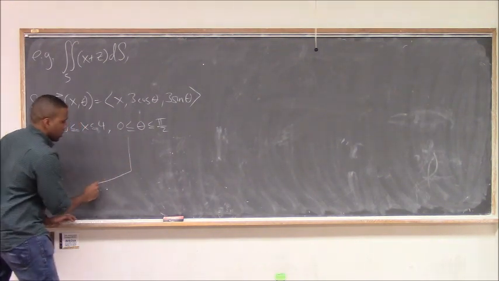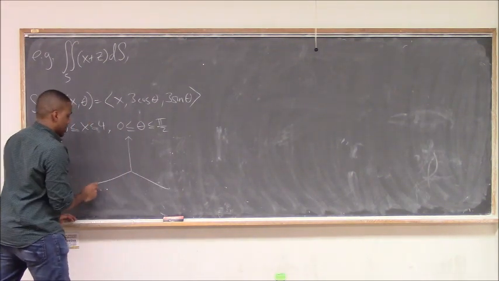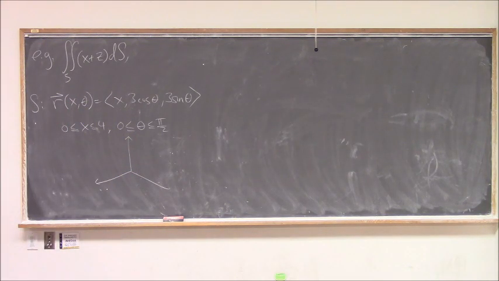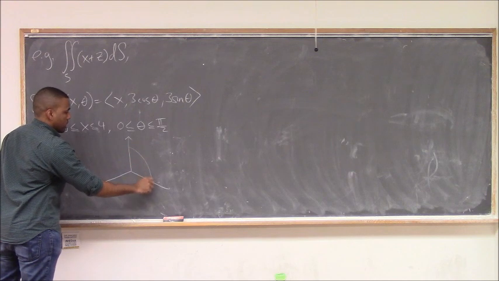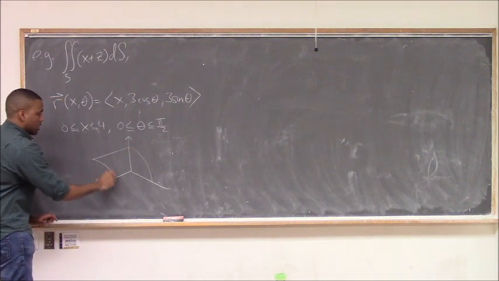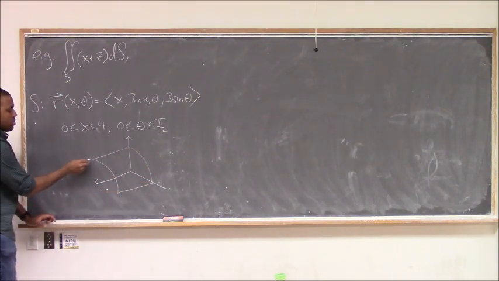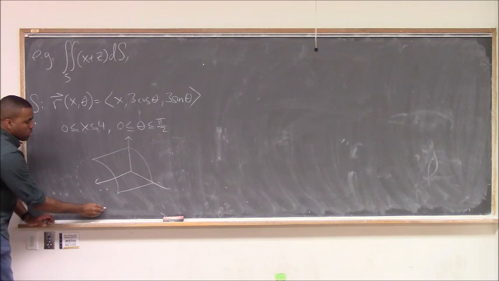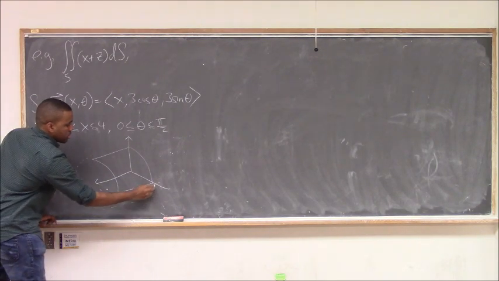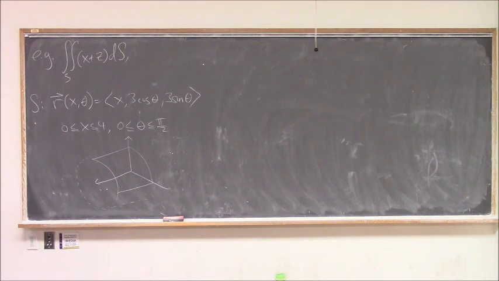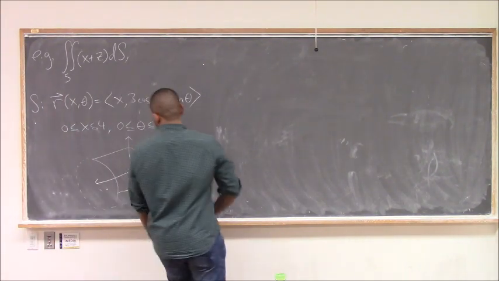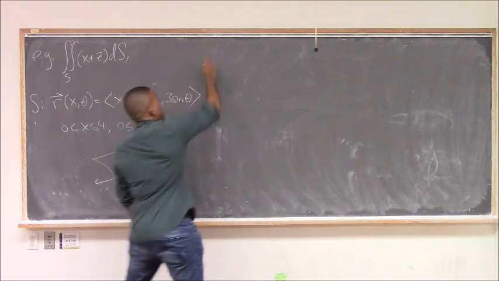So if you wanted to draw this guy, x goes between 0 and 4, so it's over here, and it's running along here. But you can just imagine this as the outer part of a cylinder in general, but we only take the part where theta is between 0 and pi over 2. Okay, so that's our surface S here.